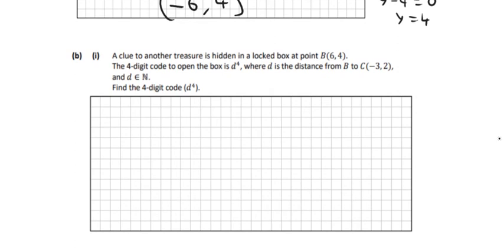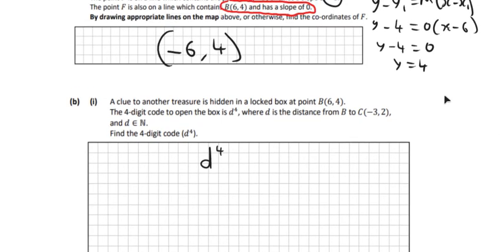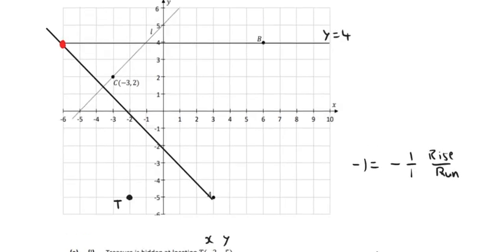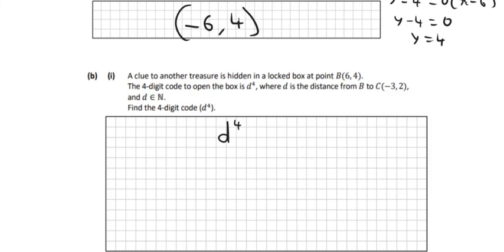The 4-digit code to open the box is d to the power of 4, where d is the distance from B to C. So we must find the distance from B to C anyway. B is 6, 4 and C is -3, 2.